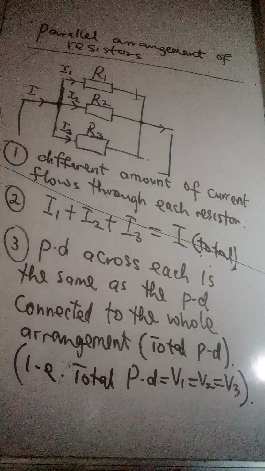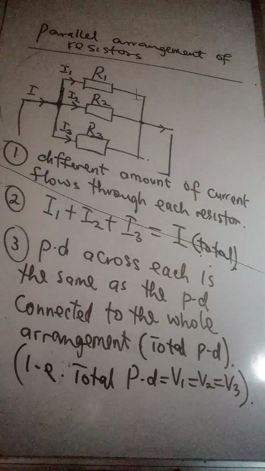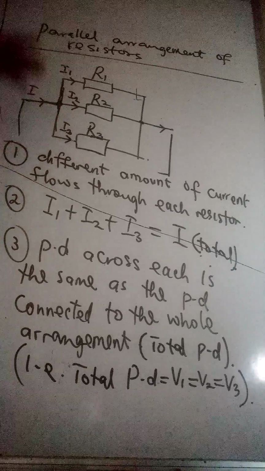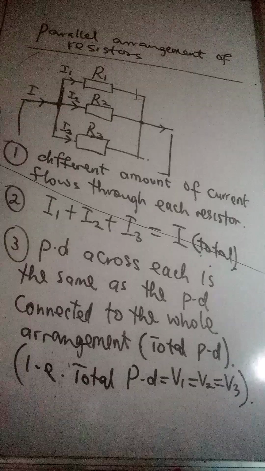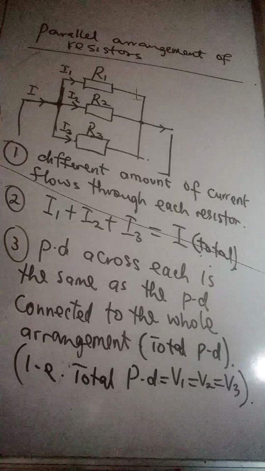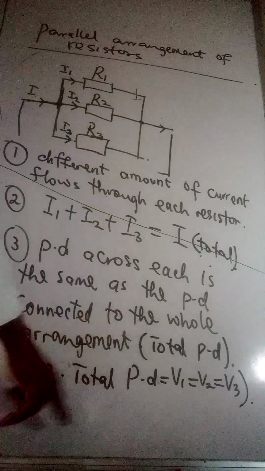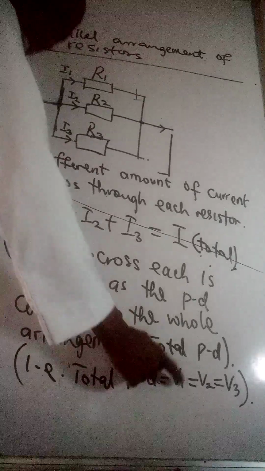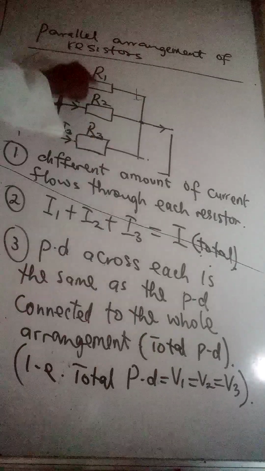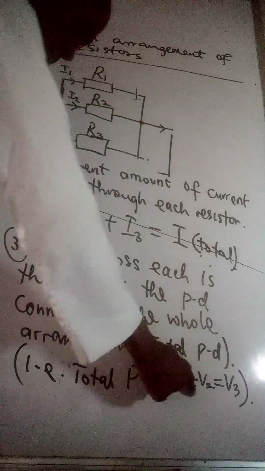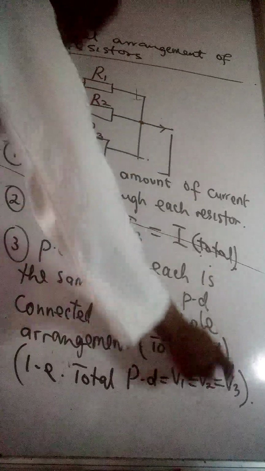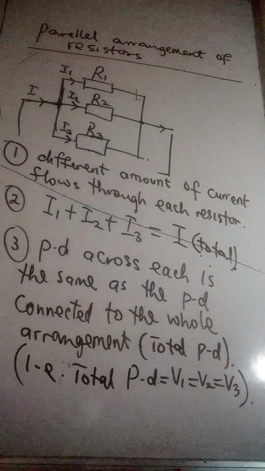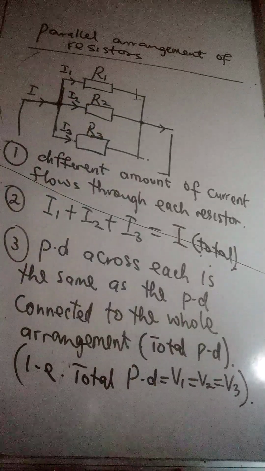When we get to the calculation under Ohm's law, you will understand this better. Okay, I am restricting myself to resistors alone today. That is why I wrote here that the total potential difference, which is for the whole circuit, is the same thing as the potential difference for only R1, for only R2, and for only R3. So that means potential difference is constant.